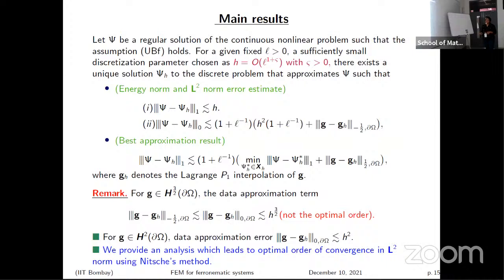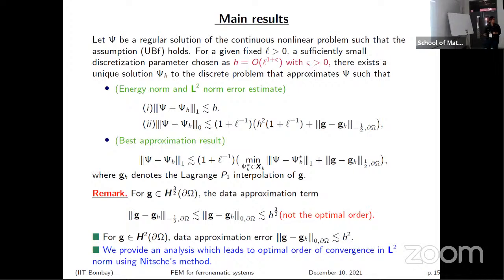Then for a fixed L greater than 0, with a sufficiently small discretization parameter h, we established that there exists a unique solution psi_h which approximates psi such that this energy norm convergence is of order h, and this is the result for the L2 norm convergence. So this part is the boundary data approximation error.